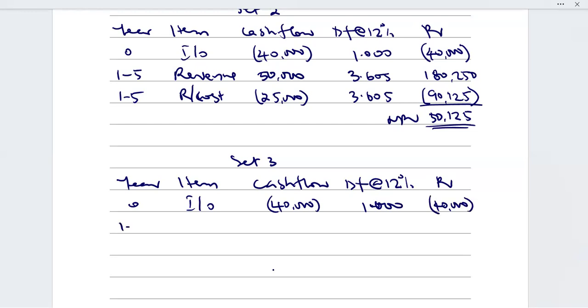Year 1 to 5. So for set 3, revenue and running costs.